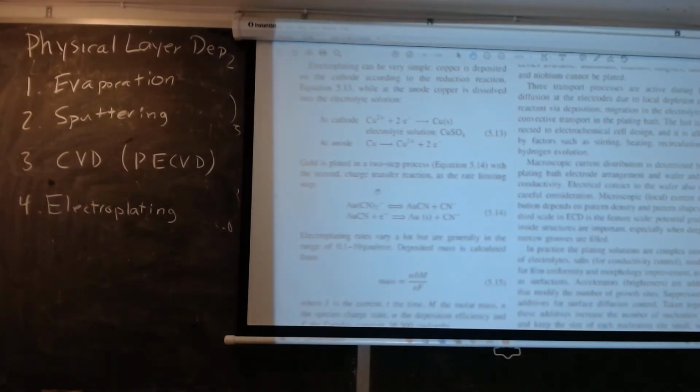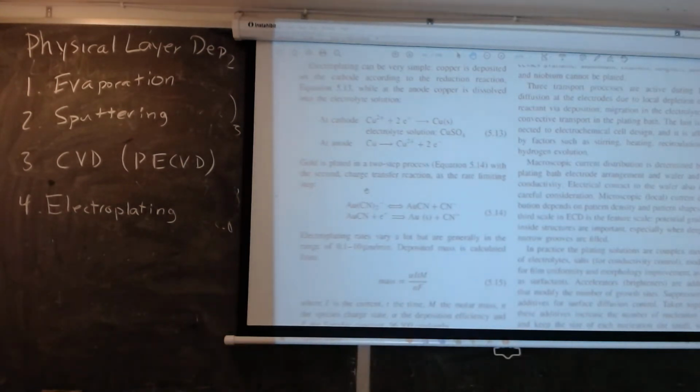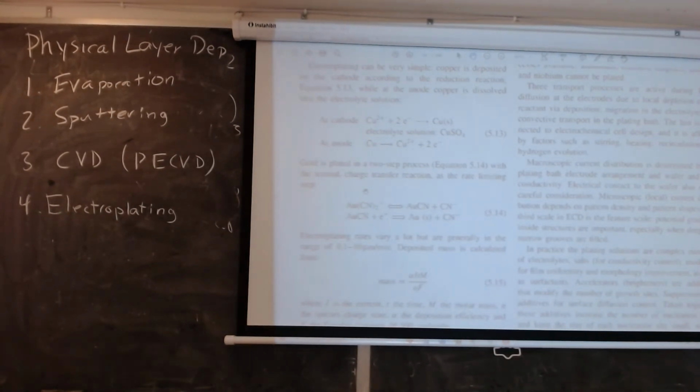So basically, when it comes down to it, you can deposit by evaporation generally in the research lab, or you can use electroplating. With electroplating, you can get like 10 microns a minute. I mean, you can really plate up really fast.